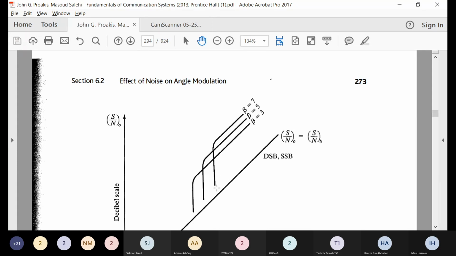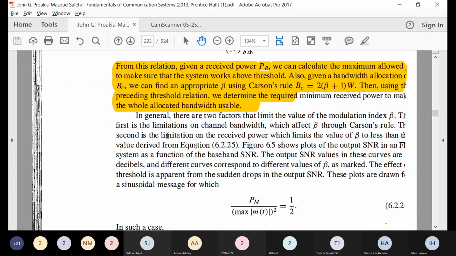So hence, you will not be getting the relationship that we have. That relationship holds here when you are above the threshold. So threshold is apparent when there are certain drops in the output SNR.